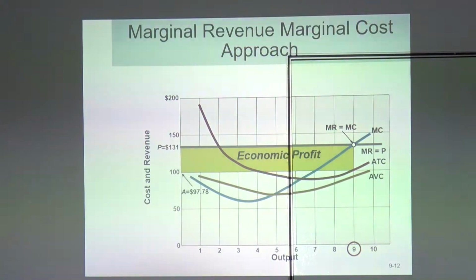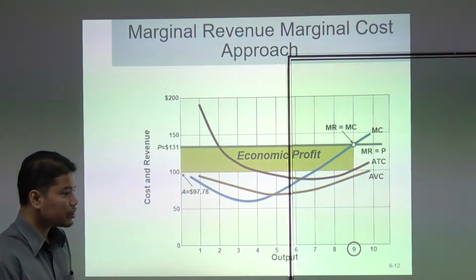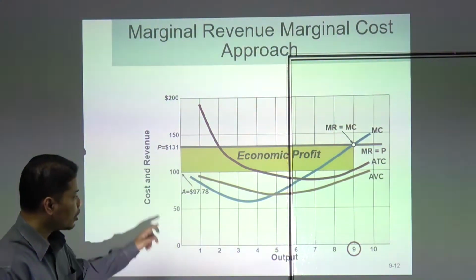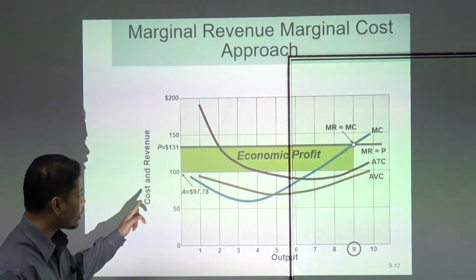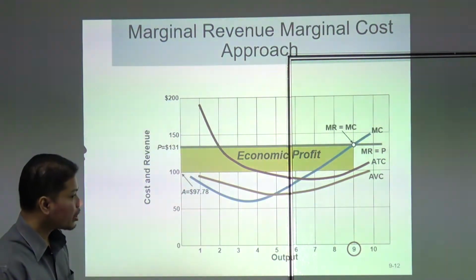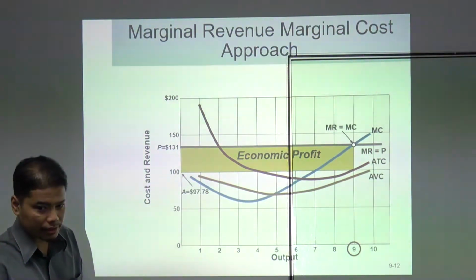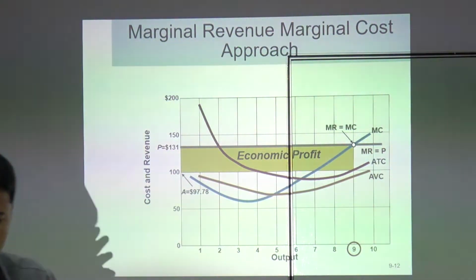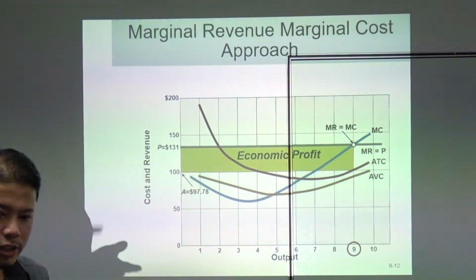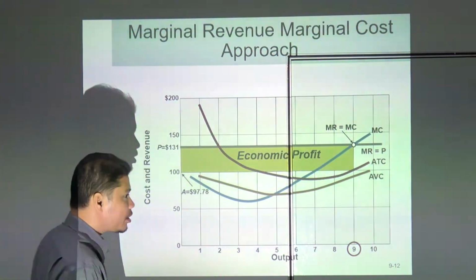Okay, let's look at the diagram here. So the diagram here is showing the marginal revenue, marginal cost approach. So you have marginal cost, you have average variable cost, you have average total cost. And then you have the demand curve equal to the marginal revenue curve equal to the price. So remember the 3 steps that we have highlighted earlier. The first one is to identify the point where MR equals MC.